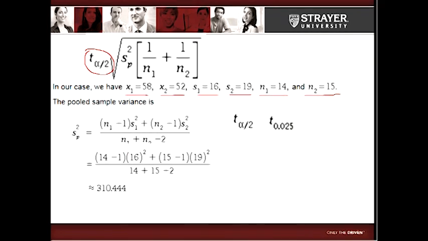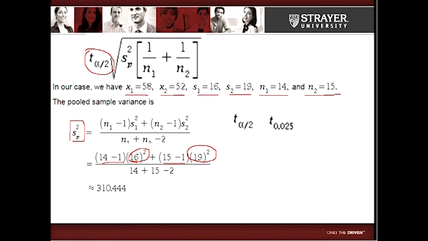Plugging all of that into the formula, n1 minus 1 is 14 minus 1, s squared is 16 squared, and 15 minus 1 is 14, and then times 19 squared, over 14 plus 15 minus 2. So, of course, you're going to subtract first. You're going to square the 16 before you multiply it times the 13. You're going to square the 19 before you multiply it by the 14, and then divide.